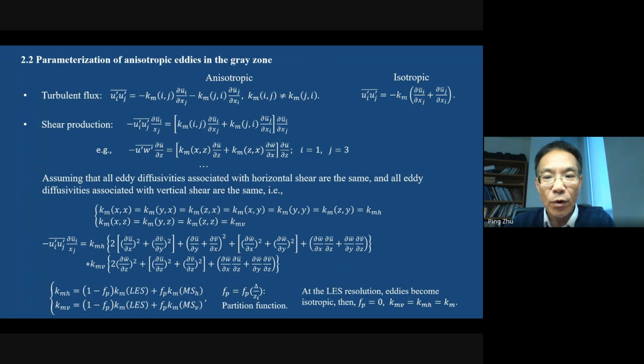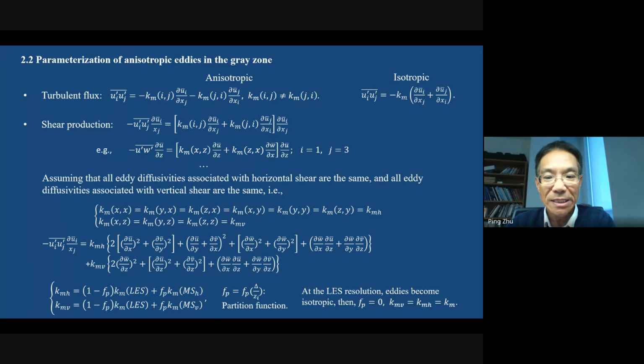So we need to reformulate the local K closure so that it can represent the anisotropic eddies in the gray zone. Unlike the isotropic turbulence, which generates the same Km in all directions, the anisotropic eddies result in directionally different turbulent mixing, where Km is a function of shear direction.